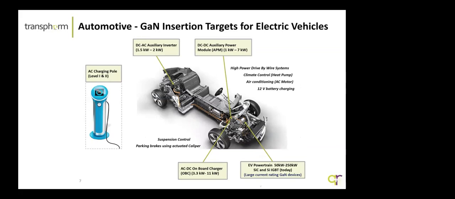The AC to DC onboard charger is another place where GaN can play today. And as I stated earlier, starting in 2025 and beyond, you're going to see GaN start playing into the electric vehicle powertrain, competing against other technologies such as silicon IGBTs, as well as wide bandgap silicon carbide.